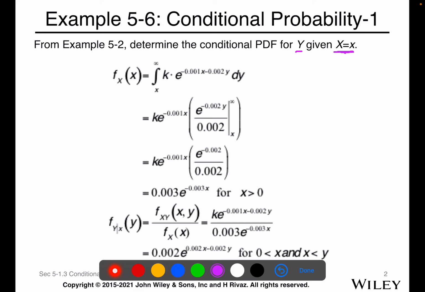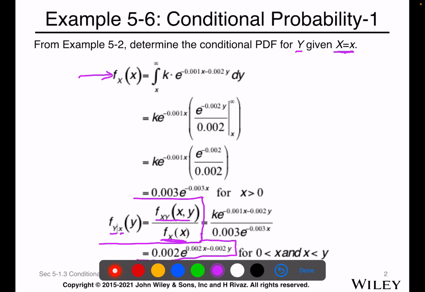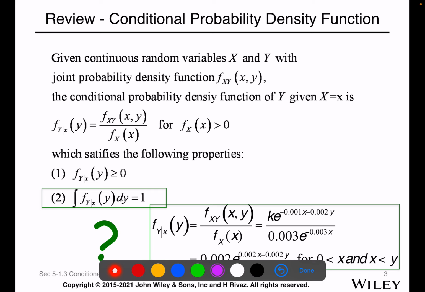What we have to do is that first we have to find the marginal probability of X, and then we have to use this equation that tells us f of Y given X is the joint probability divided by the marginal over X. And then basically we get a new function, so this is our function for f of Y given X, and now we can basically integrate that and do whatever we want.